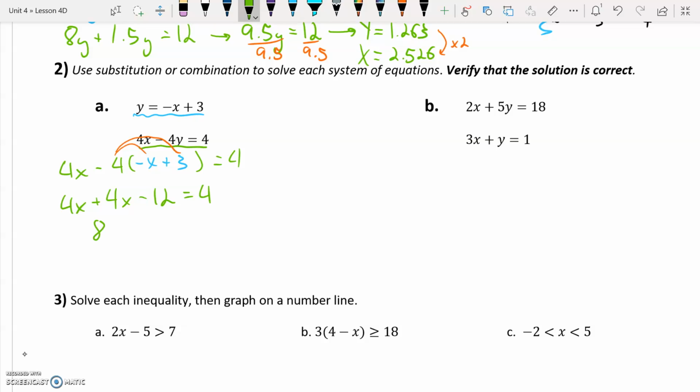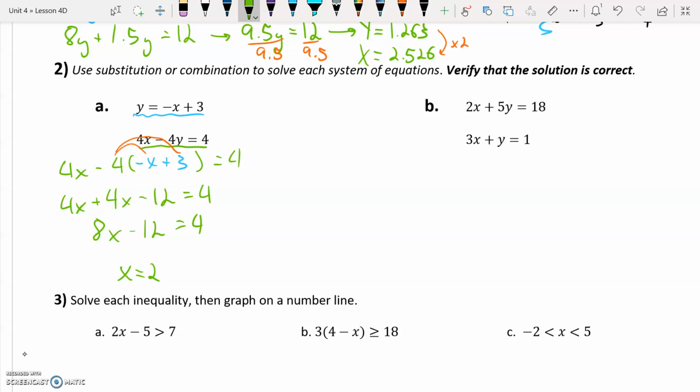Combine like terms: 8x minus 12 equals 4. And fast forwarding ahead, because my video is limited to 15 minutes, hopefully this will fit, we end up with x equals 2.